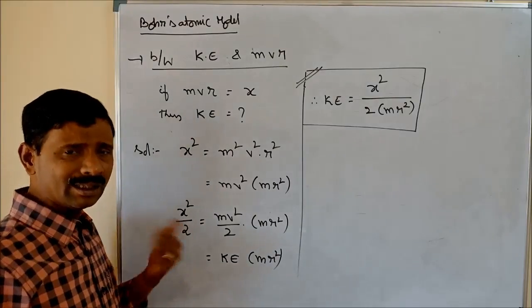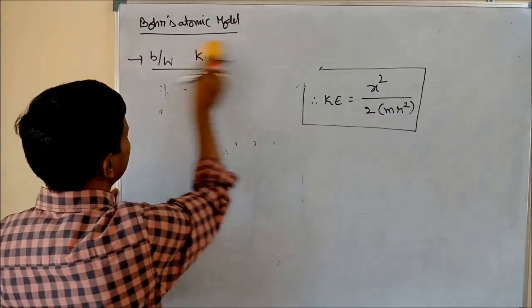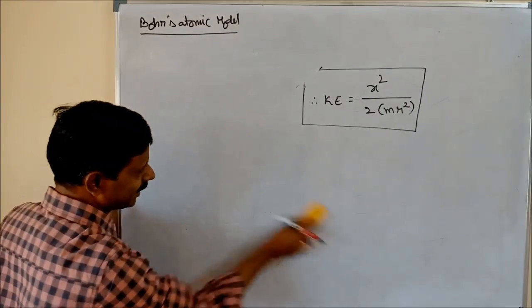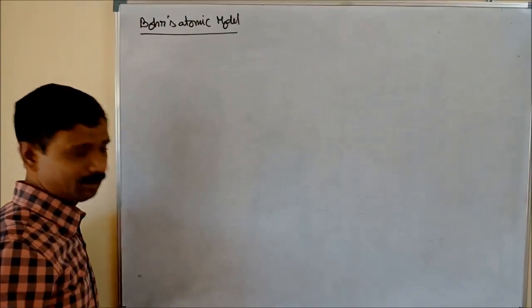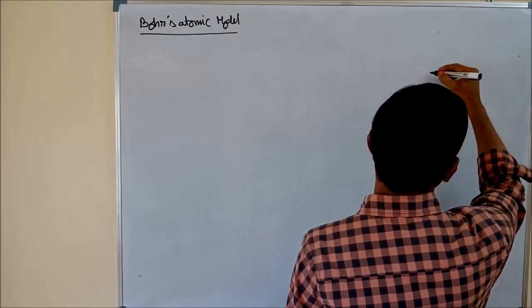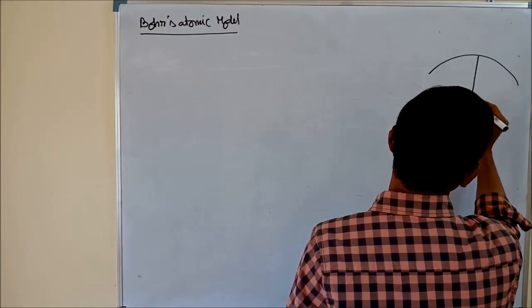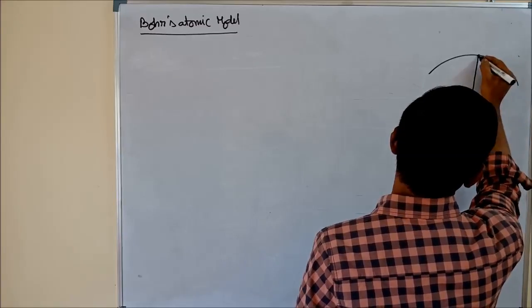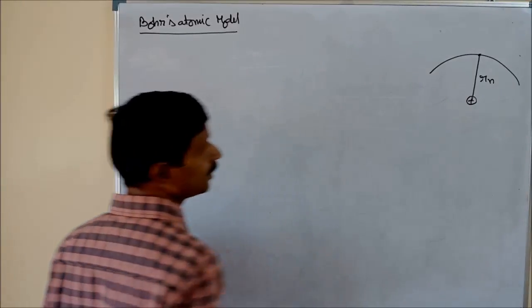And now another important concept in Bohr's atomic model is the radius of an orbit. Imagine this is the nucleus and here we have an orbit like this. The distance between the center of the nucleus and this orbit is called the radius.